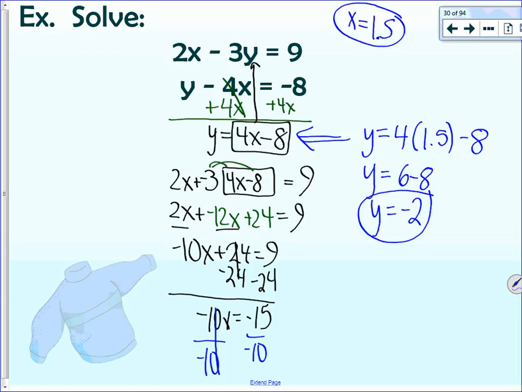So I get y equals -2. Okay, so if you find an equation where one of the variables is not solved for, you have to solve for it. Any questions on that?